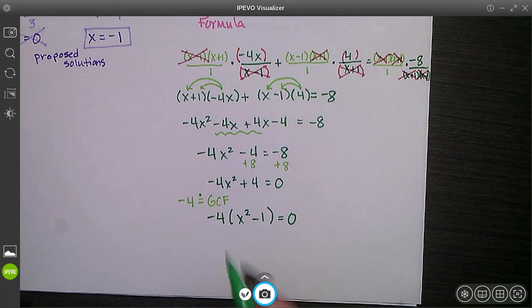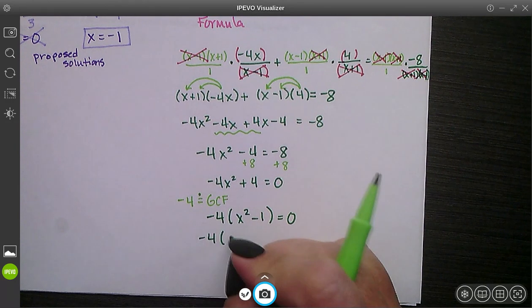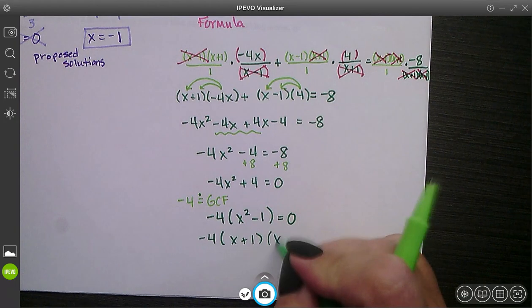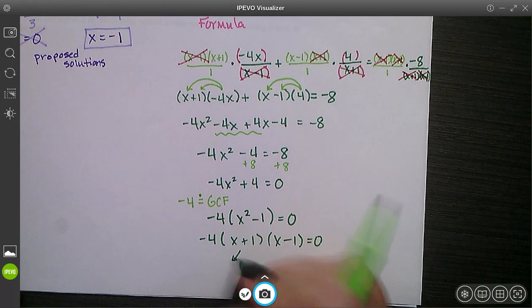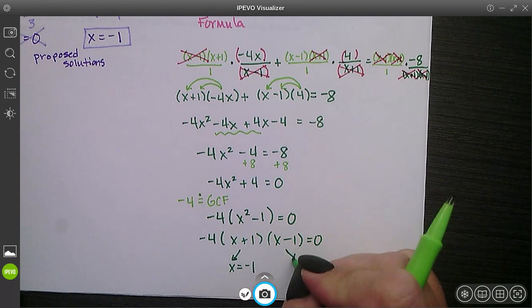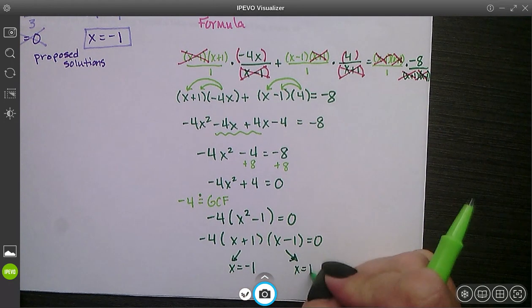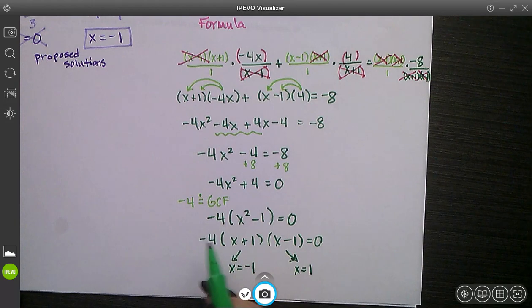Well, guess what I recognize? That is another difference of squares. So if I factor it, I get (x plus 1)(x minus 1) equals 0, which gives me two answers. x equals negative 1, x equals 1. I don't do anything with this negative 4 out front because it doesn't have a variable.